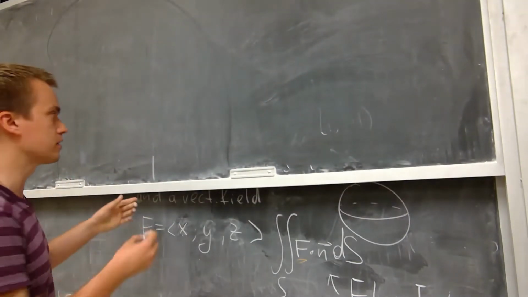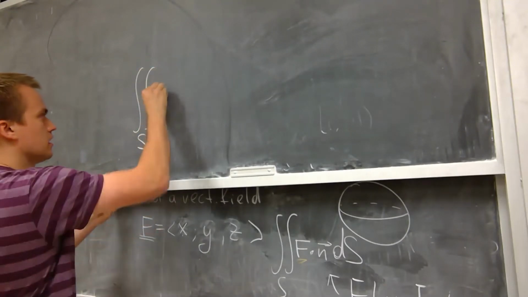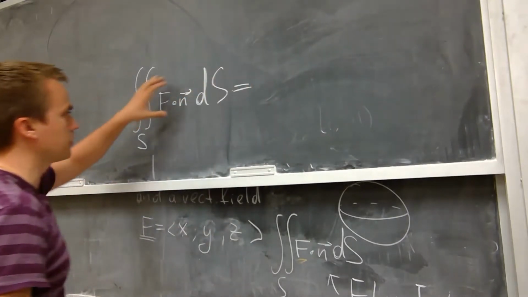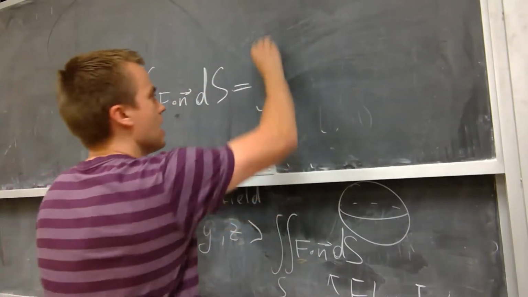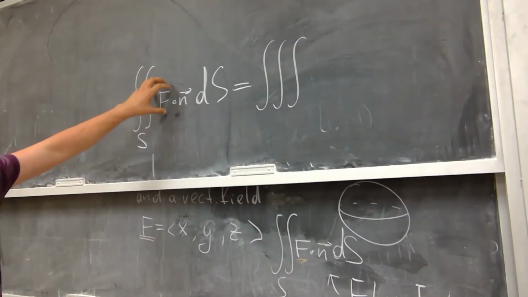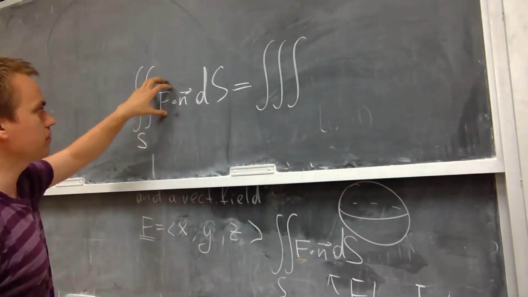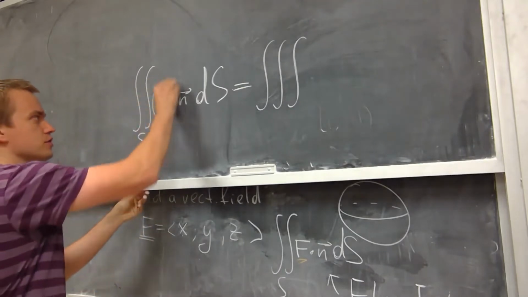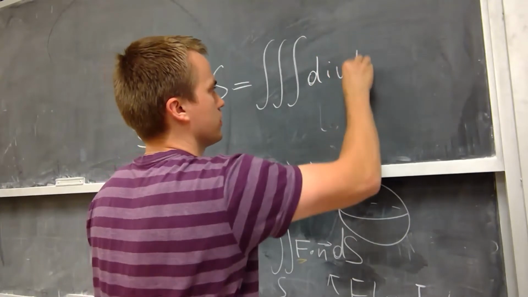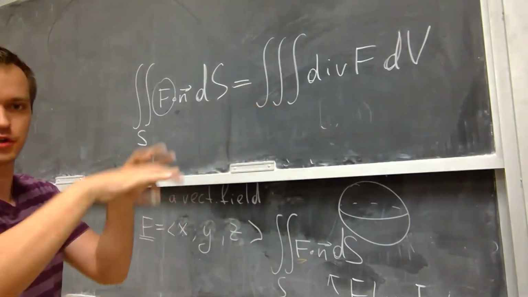The divergence theorem tells me that if I have this integral on the left-hand side, the double integral over S of F dot N dS, then this integral is the same as a triple integral. Since we're given this vector field F, we take the triple integral of a scalar function, which we make by taking the divergence of my vector field F. So it's the divergence of F, and I'm taking the triple integral over some region in 3D.